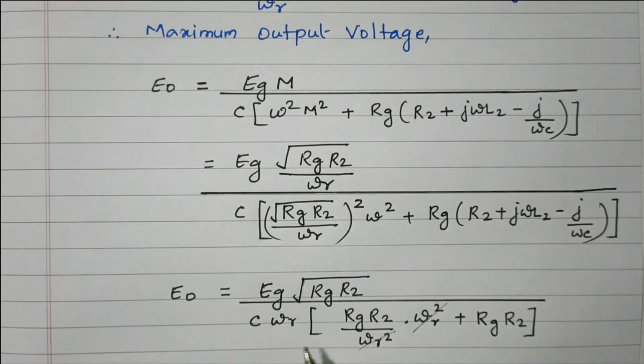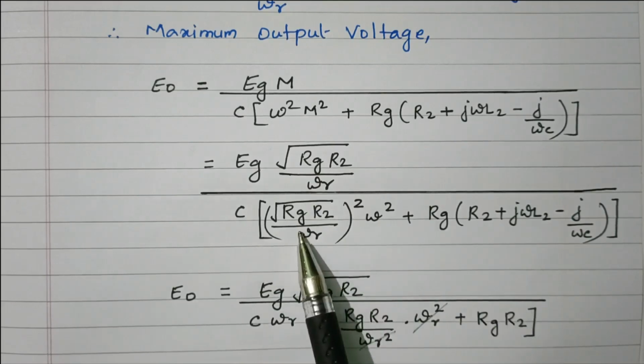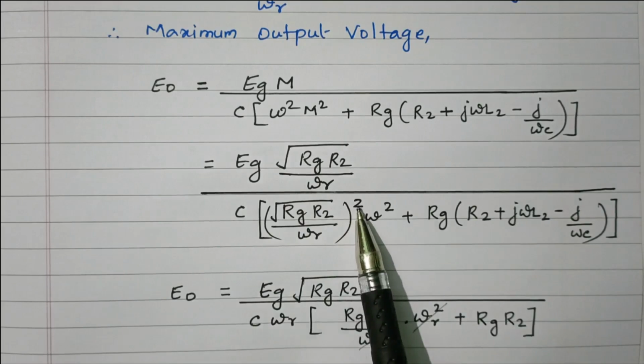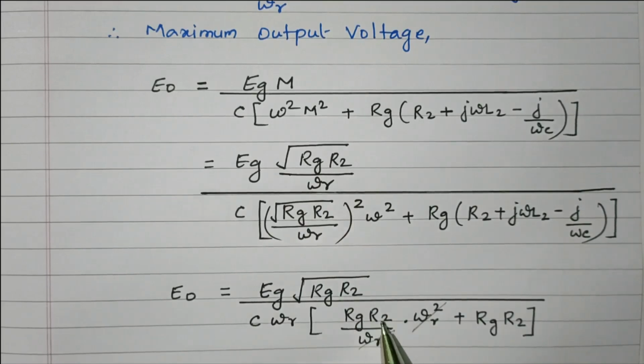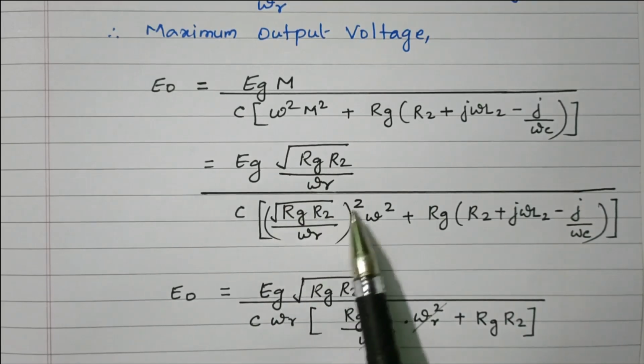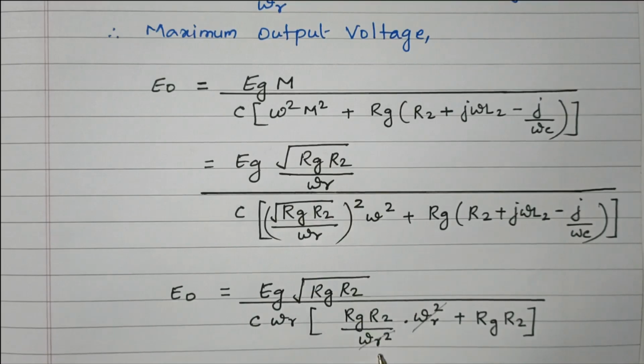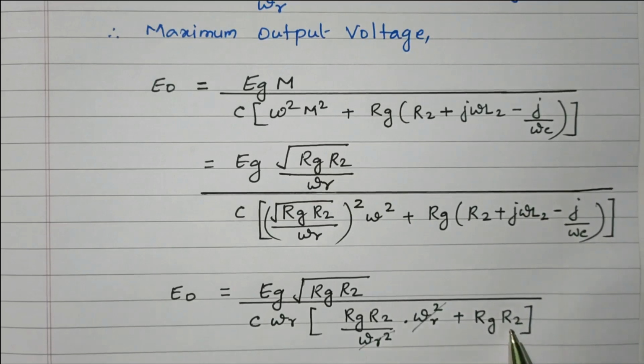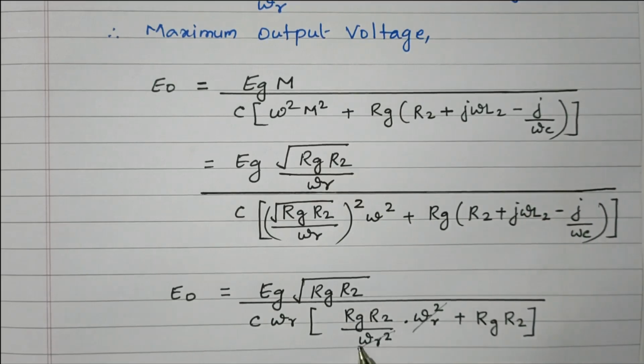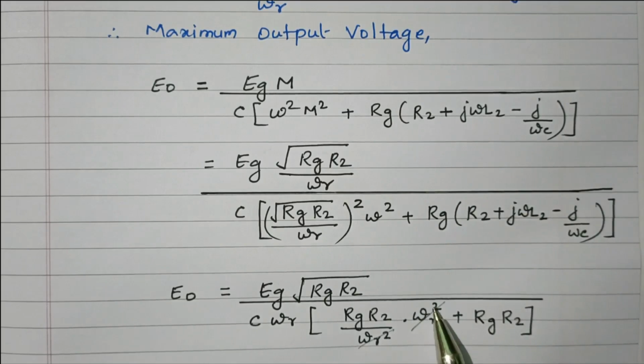C into omega R. Then this term is available. While taking the square, it becomes Rg R2. Square root of Rg R2 square is Rg R2 divided by omega R square into omega R square. Now everything is converted. Omega is changed into omega R, the resonant condition. This term is 0. So Rg plus Rg into R2, this omega R got cancelled.